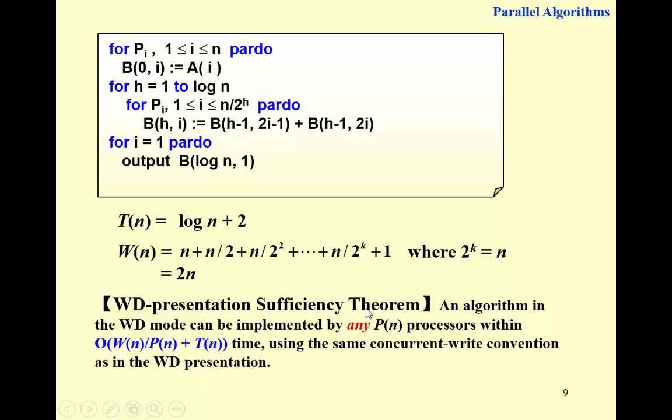Basically, what it's saying is that this WD mode can indeed tell the performance of an algorithm with different numbers of processors, and that every algorithm in the WD mode can be translated into a PRAM algorithm. So they're basically equivalent.